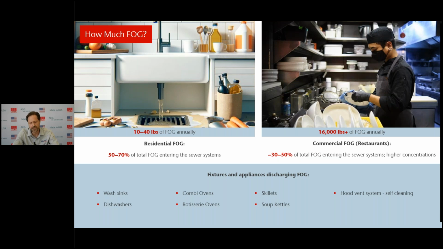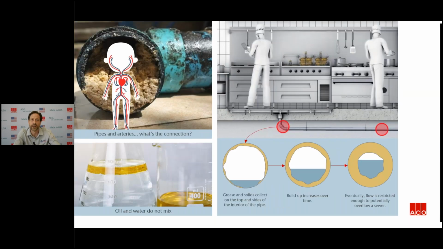Things that discharge FOG into our environment include wash sinks, dishwashers, ovens, rotisseries, and anything you use to cook your food. That contributes to the overall FOG output of restaurants.